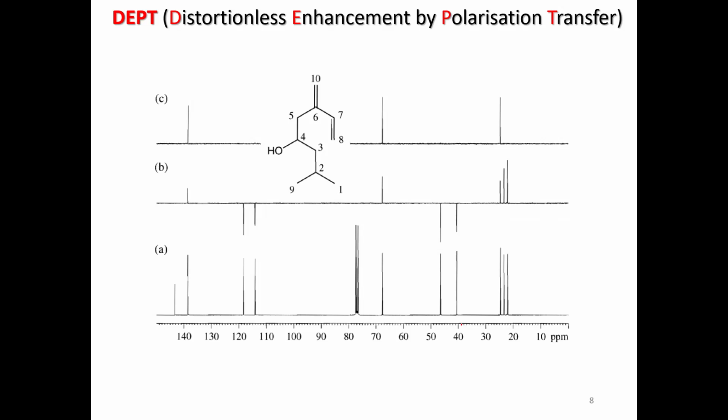If you have the carbonyl from the IR and you see it in the carbon 13, it must disappear in the DEPT. If you look at the structure, all the other quaternary carbons disappear on the DEPT. All the CH2 go upside down.